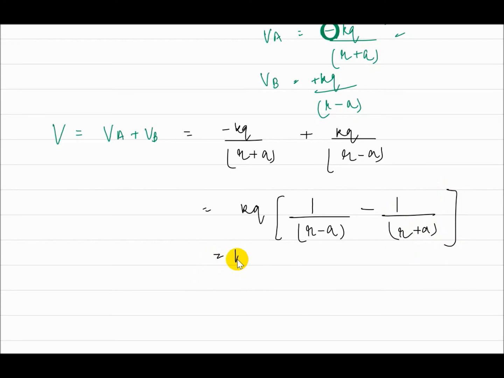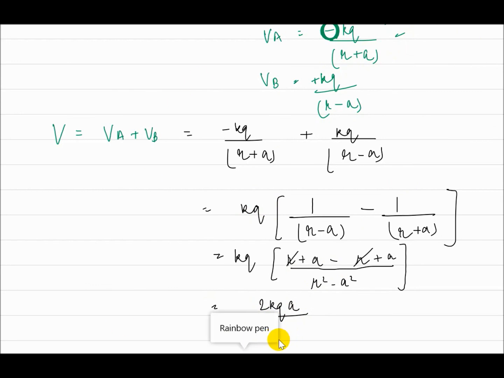Taking the LCM, we get r plus a minus of r minus a, so it becomes minus r plus a, and r square minus a square. So r and r get cancelled, so we are left with 2kqa upon r square minus a square.